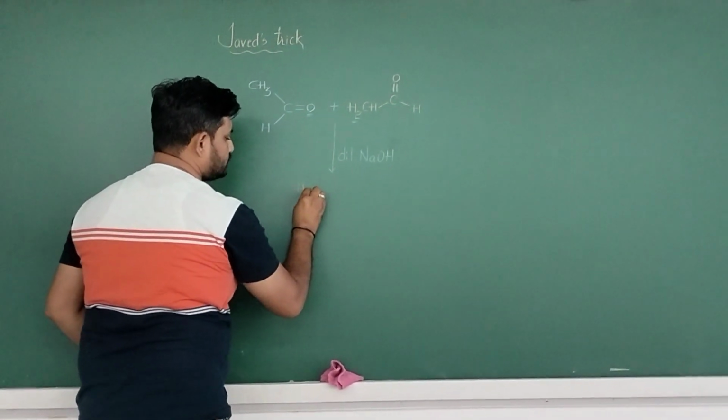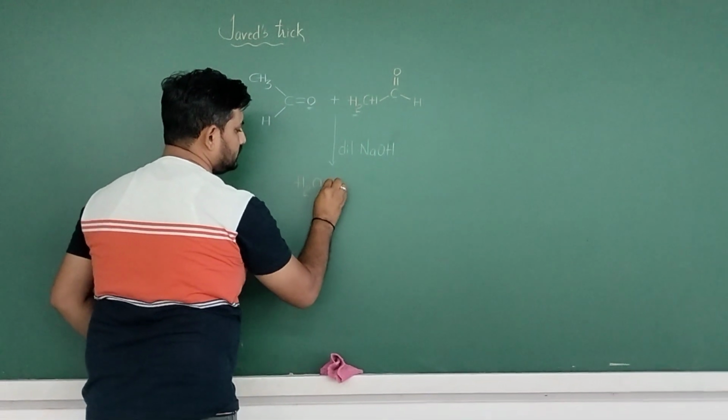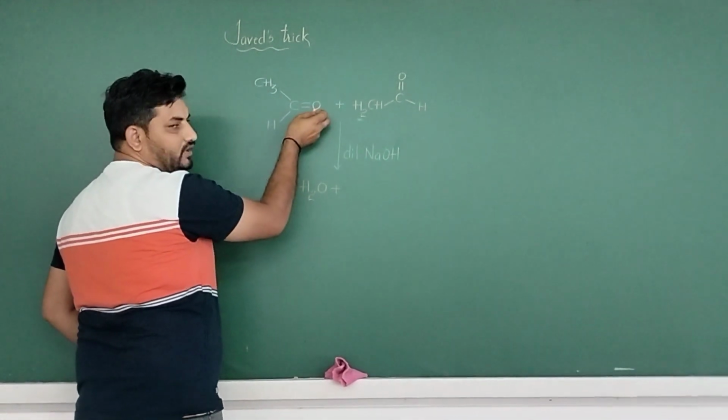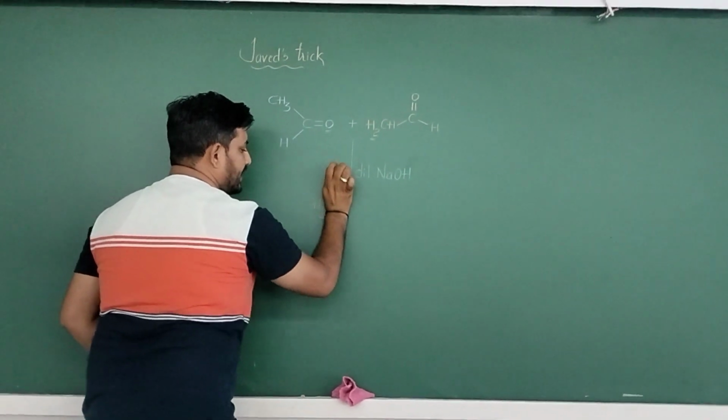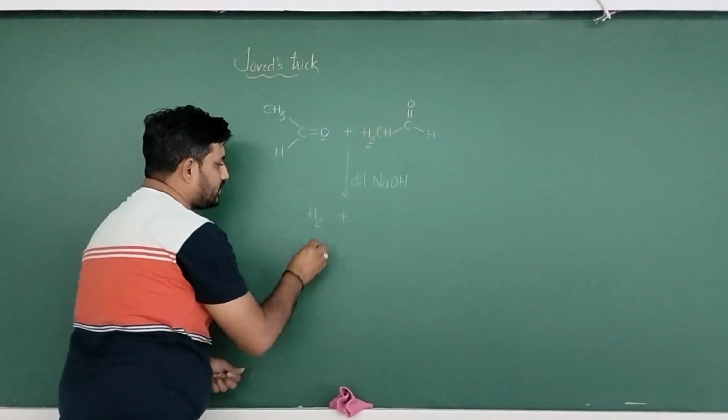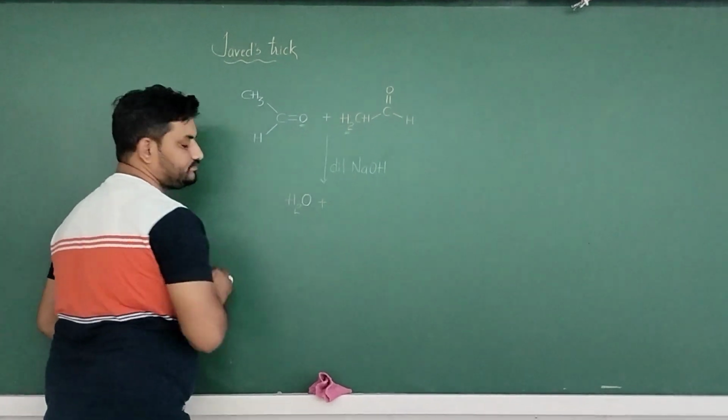So I have H2O coming out, where the oxygen is supplied by one aldehyde and hydrogen is supplied by the other aldehyde. For understanding, let me mention the color of oxygen with the aldehyde it belongs to.